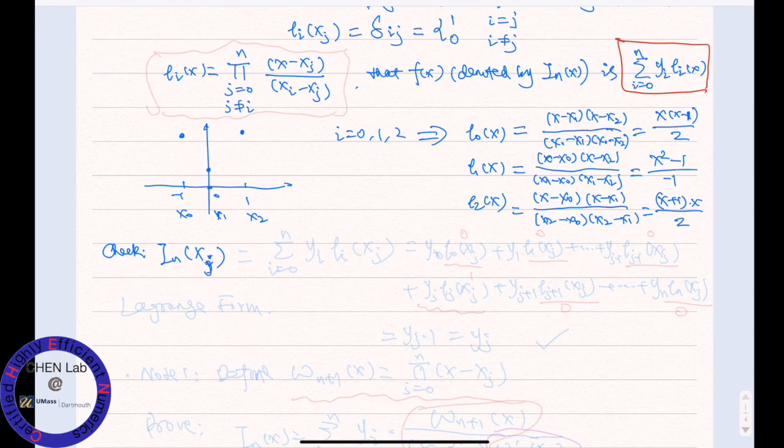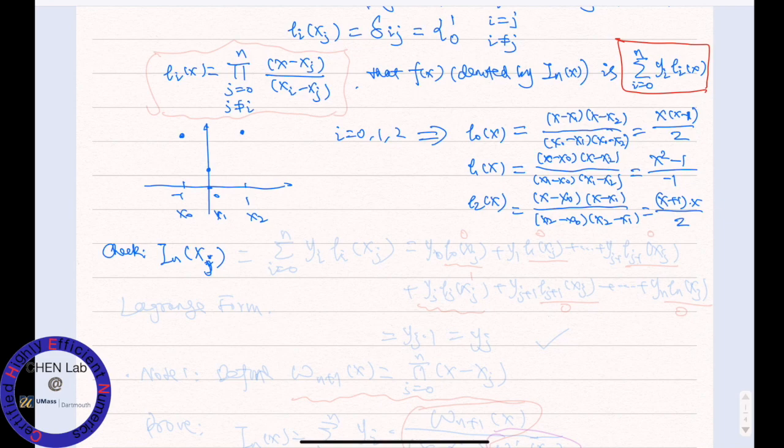Let's check, because we want that to be I_n of xj. We want the whole function f, right? We want the value at xj to be yj. We want f at xi to be yi, which means f at xj is yj. So I_n of xj is yj. If we check that, then we're done.